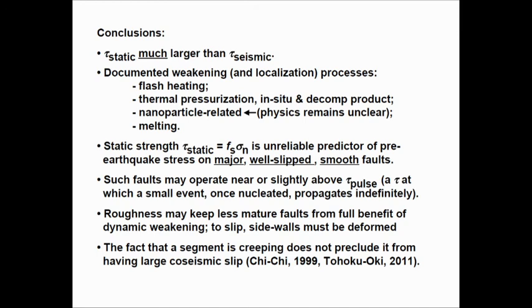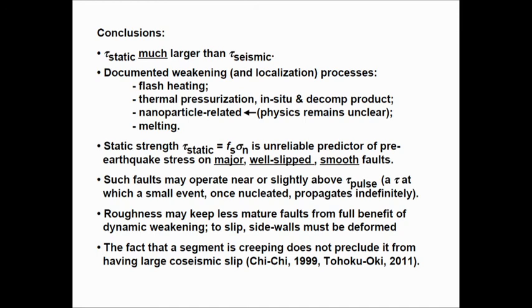Why does this not apply to less mature faults? Well, less mature faults have much rougher surfaces, and we think it's because the roughness means you always have to deform the sidewall significantly to slip the fault. So they tend to operate at higher stresses.